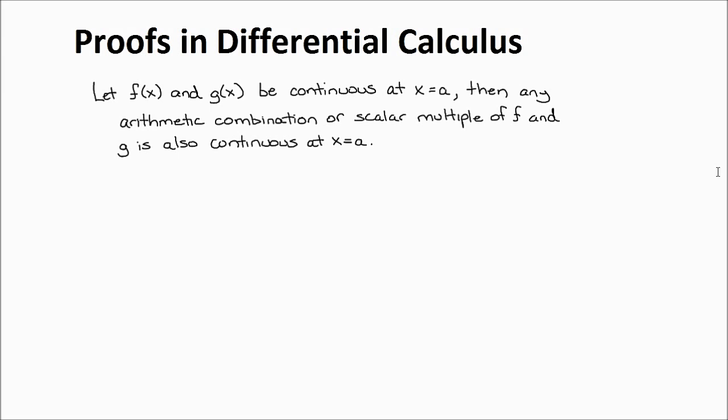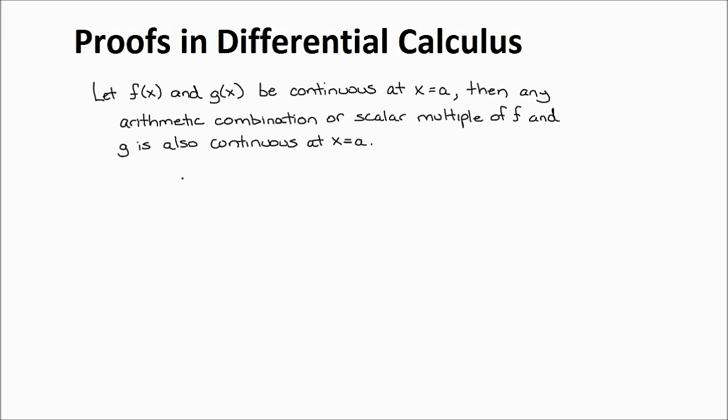This proof in differential calculus is for the theorem: let f of x and g of x be continuous functions at x equals a, then any arithmetic combination or scalar multiple of f and g is also continuous at x equals a. If you're not too familiar with what I mean by scalar multiple, a scalar is just a constant.